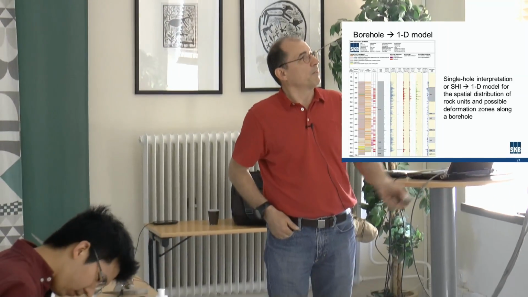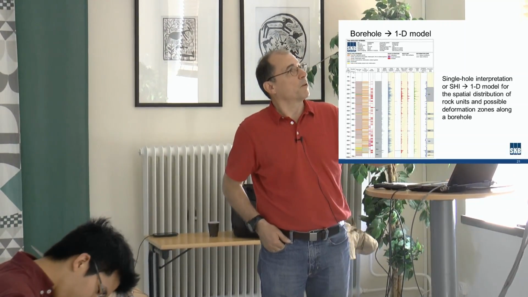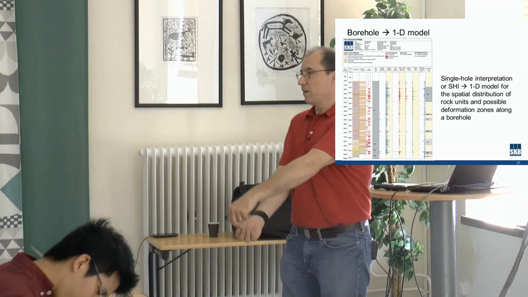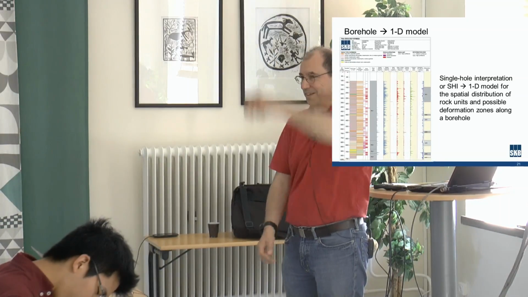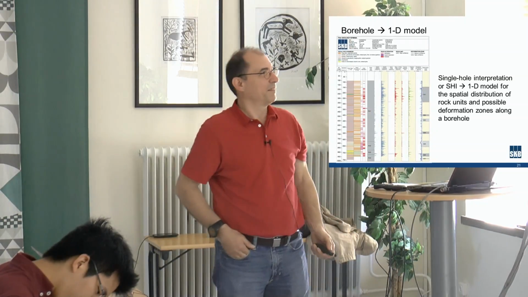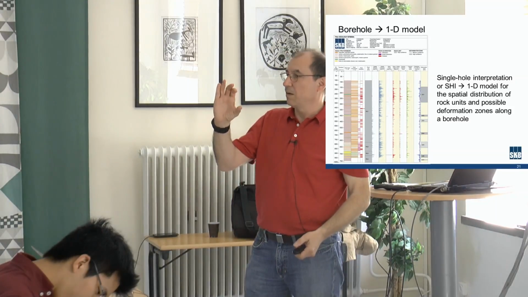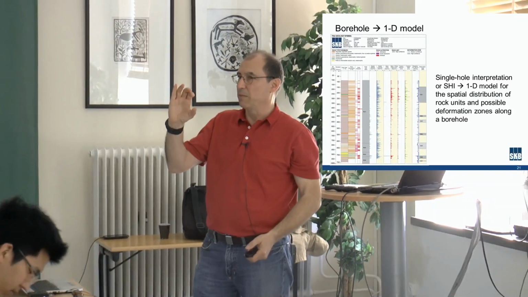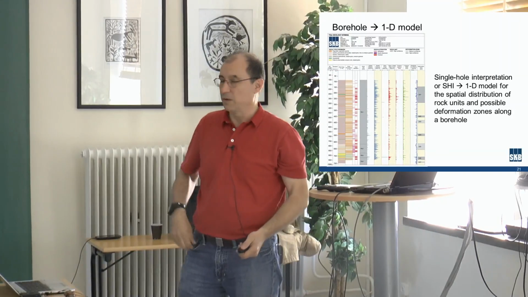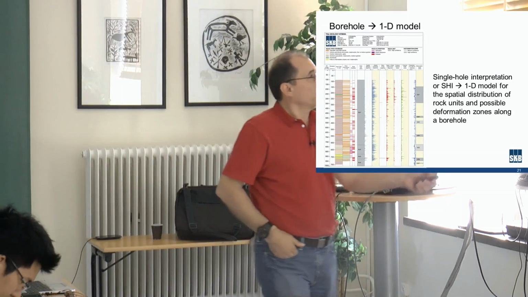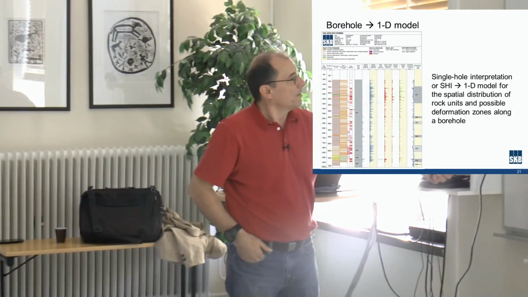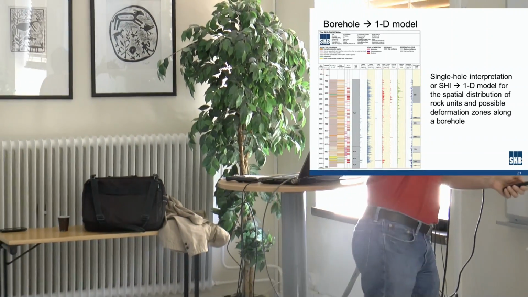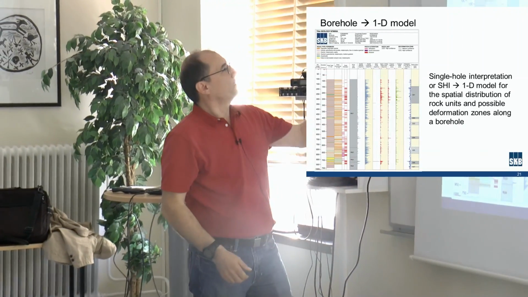Then we make up those kind of diagrams. We call them 1D models because it's 1D. We have a line. By the way, the core is 76 millimeters in diameter. So on this side here, this is the rock.